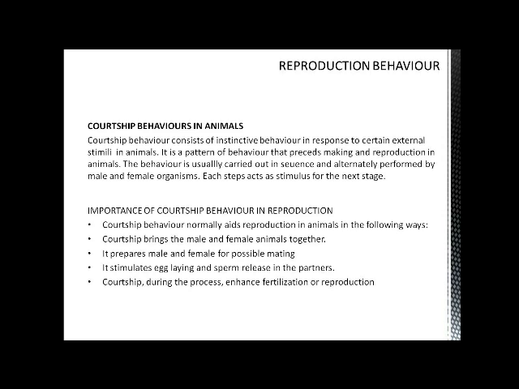This is what reproduction simply means. But before the giving birth of the young ones or new species of the same kind by their parents, there are some things that happen. And these things that happen refer to the behavior or behaviors.